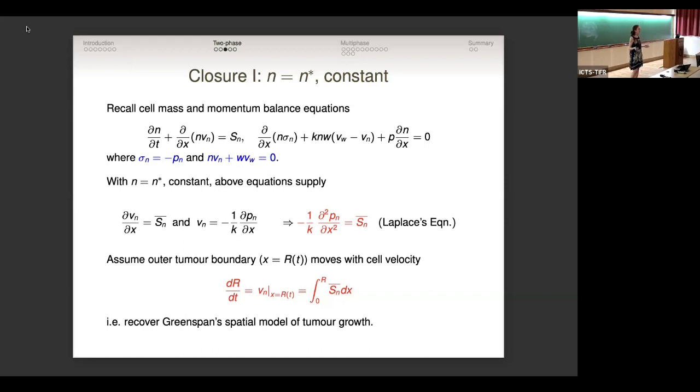And it could be Pn, it could be Pn minus Pw. What's driving? So it allows you to explore a wider range of possibilities.